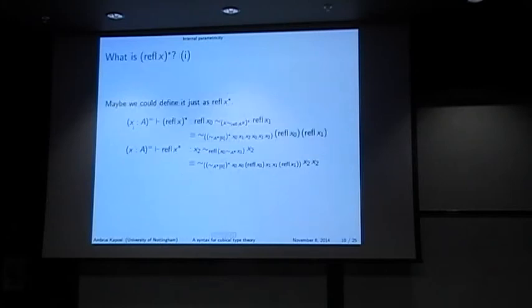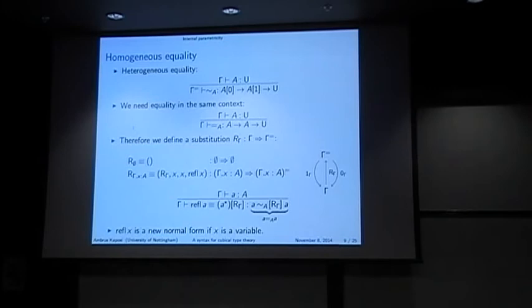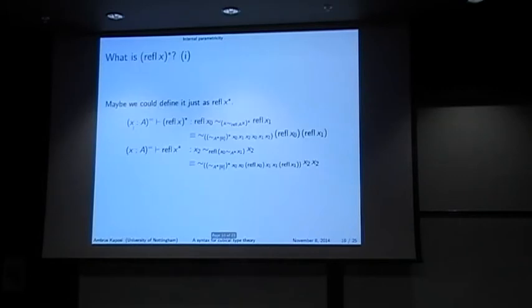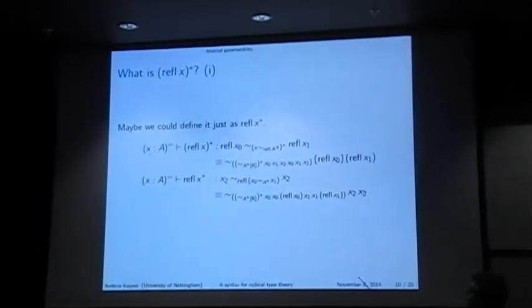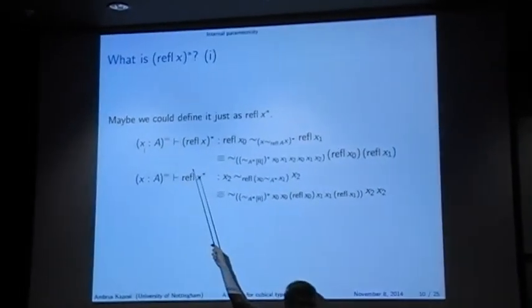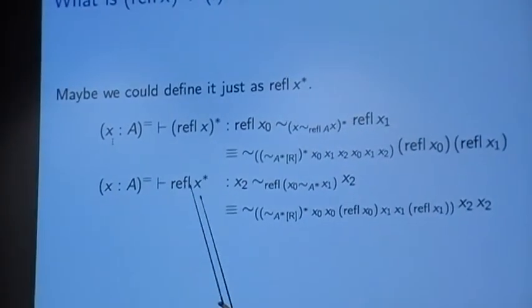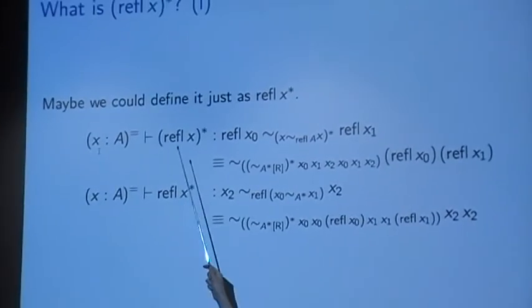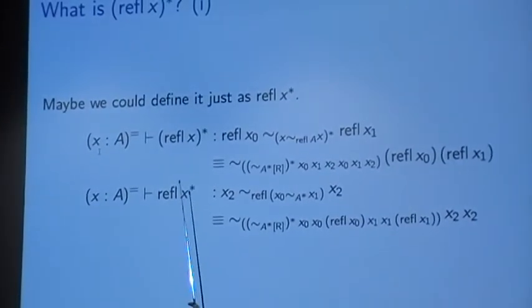Okay. So we added this new normal form, refl X. Now we need to extend our star operation because we didn't say how star should act on refl. So we need to make a choice of what refl X star should be, and we already have refl of X star. A natural idea could be to just define refl of X star as refl of X star.